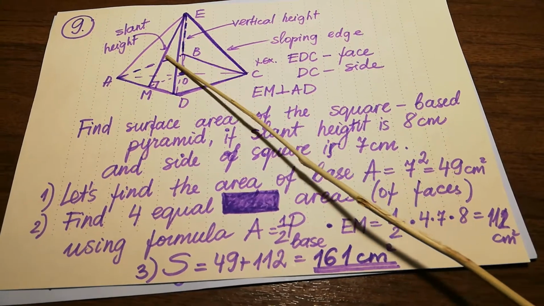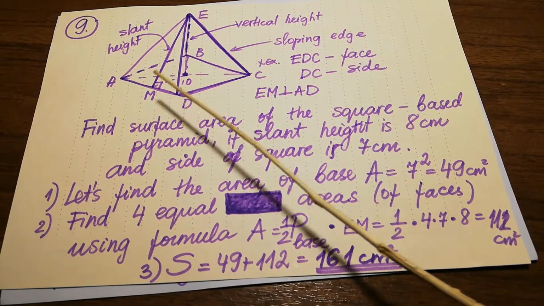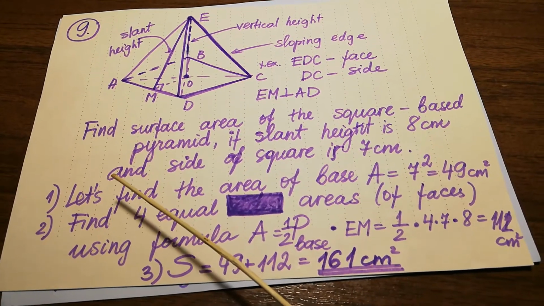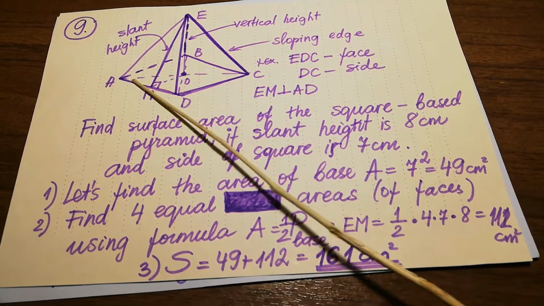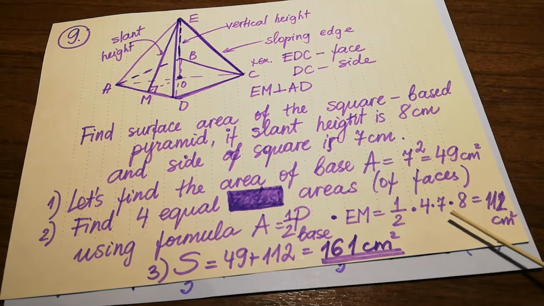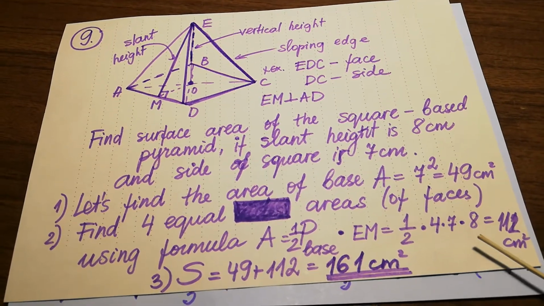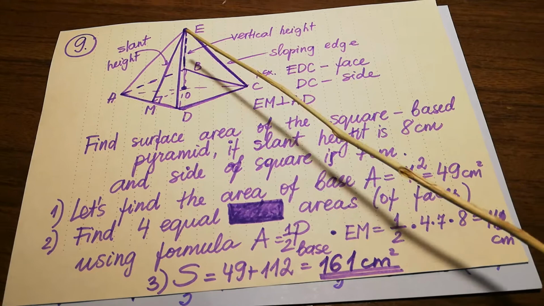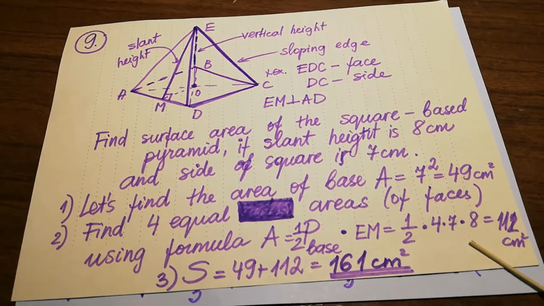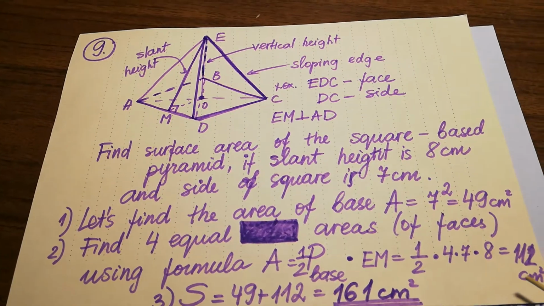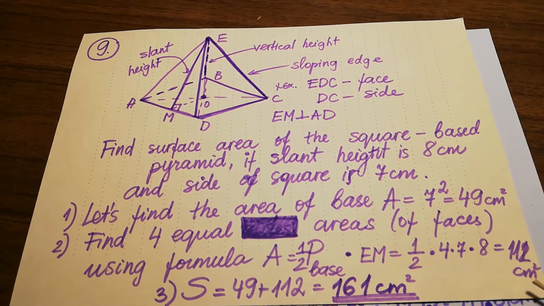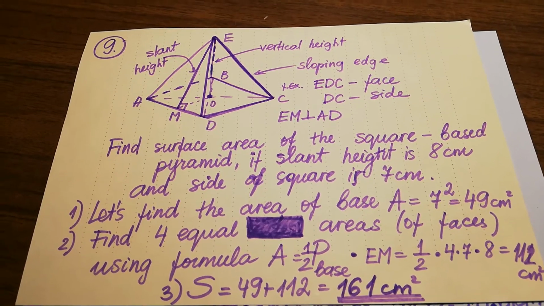We can sum 7 centimeters 4 times, so we can multiply 4 with 7, and EM, this is the slant height, and we can multiply with this slant height, and we can get 112 square centimeters.